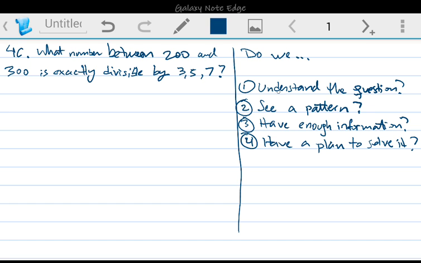So let's see if we understand the question. Okay, it says, what number between 200 and 300 is exactly divisible by these three numbers?